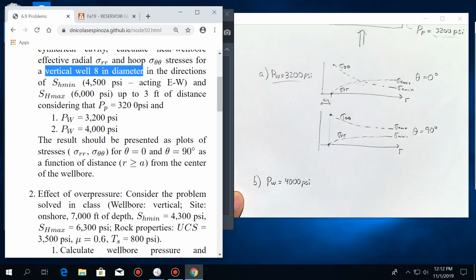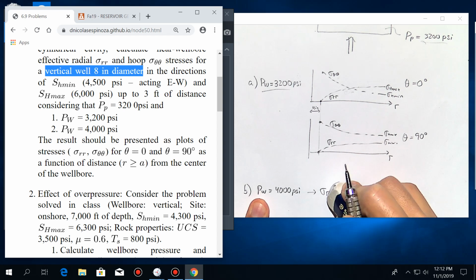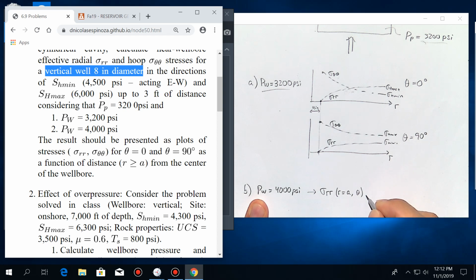All right. When you have a pressure in the wellbore which is larger than the pore pressure, and you have a perfect mud cake, what is going to be sigma RR at the wall of the wellbore? It's just going to be the difference between the two, right?